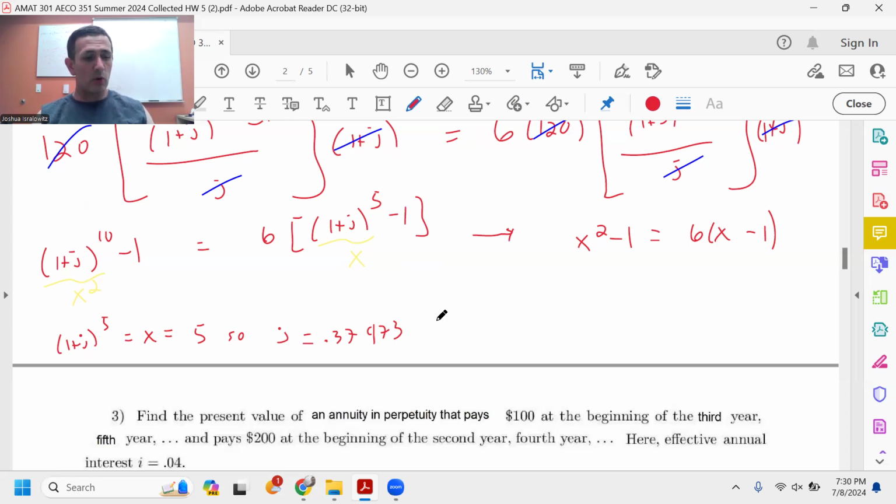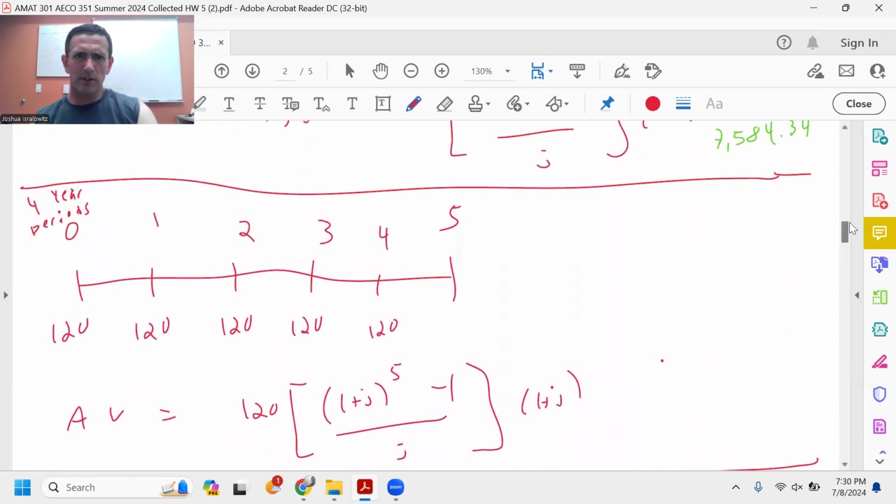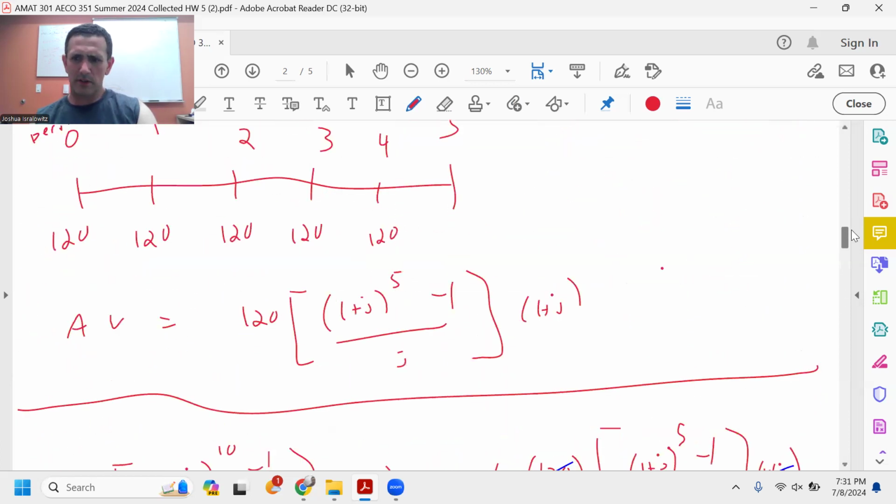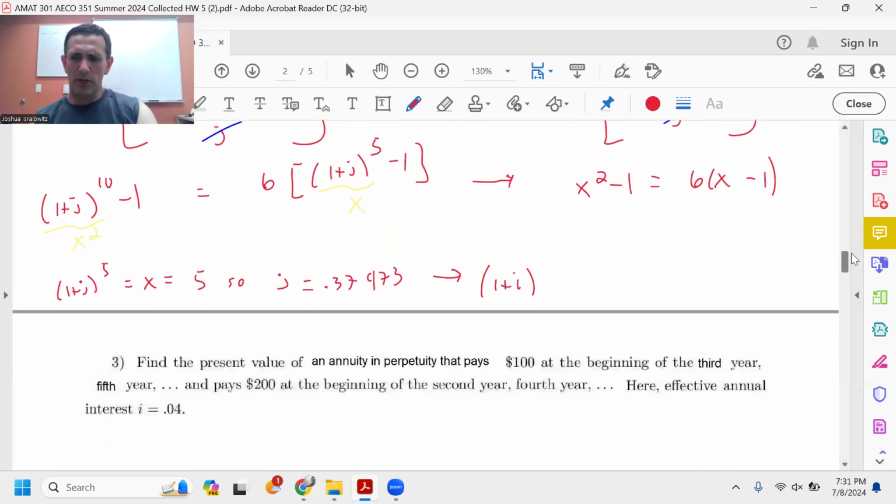You're growing by 250% almost in 5 years if you grow by 20% every year. So, anyway, if you want to do 1 plus I, say I is my annual interest rate. So this is my, sorry, this is my 4-year interest rate.